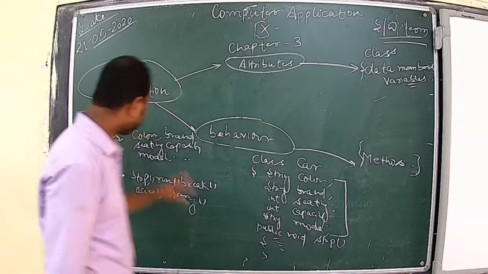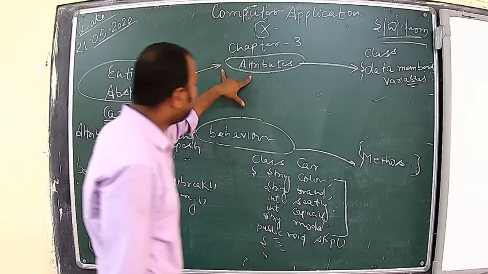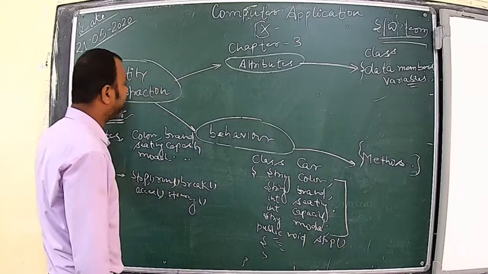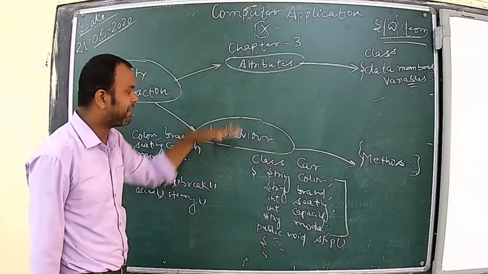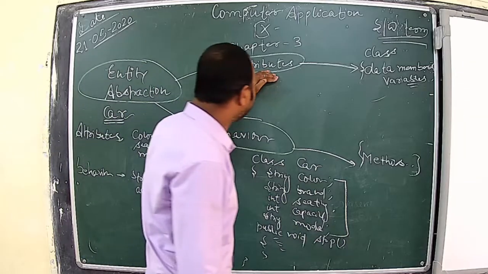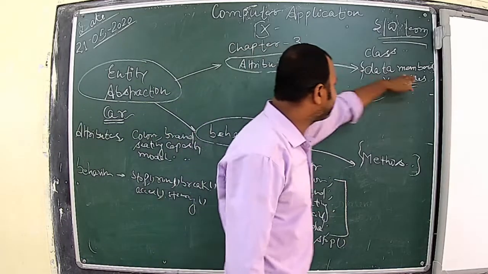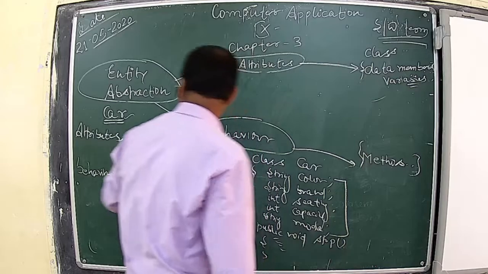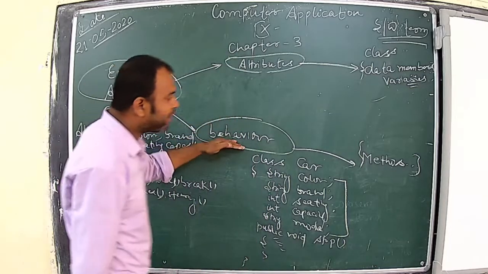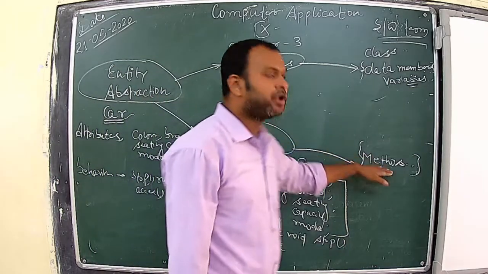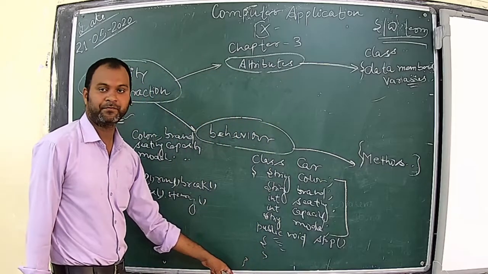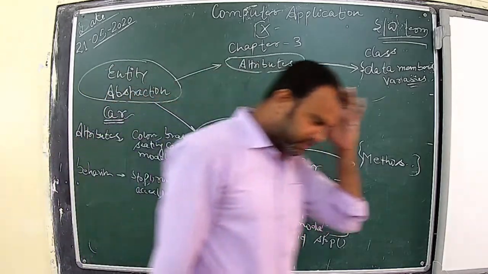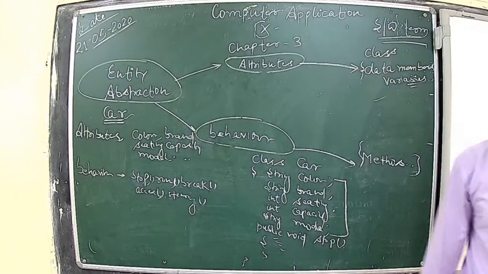Clear? So this is how we can implement a real world entity into software terms by distributing attributes and behavior. Attributes should be implemented using data members or variables, and the behavior of an object would be implemented through methods like we have done here. Clear? So this is the main concept from this lesson.